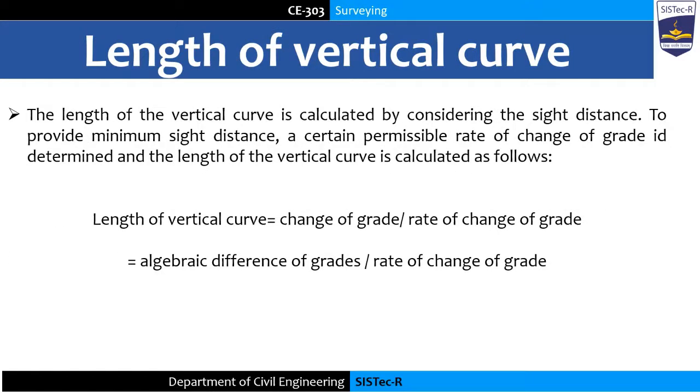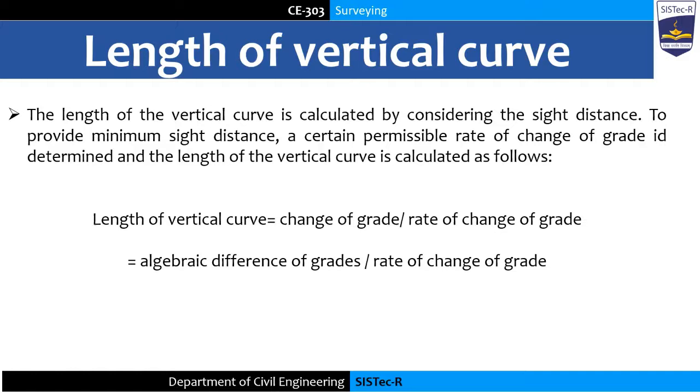So now we have the length of vertical curve. The length of vertical curve is calculated by considering the sight distance. To provide minimum sight distance, a certain permissible rate of change of grade is determined and the length of vertical curve is calculated as follows. Length अगर किसी vertical curve की calculate करनी है, तो formula होता है change of grade upon rate of change of grade.